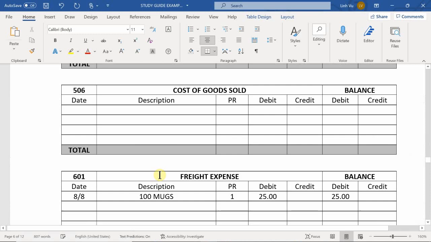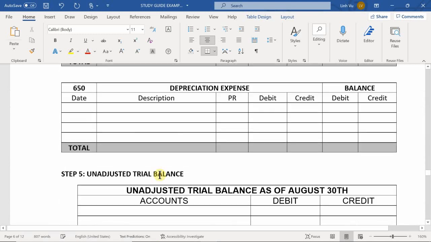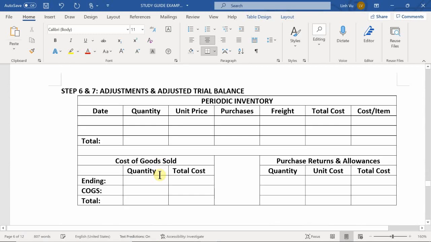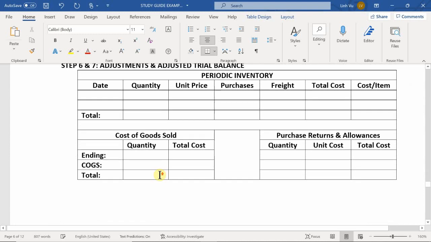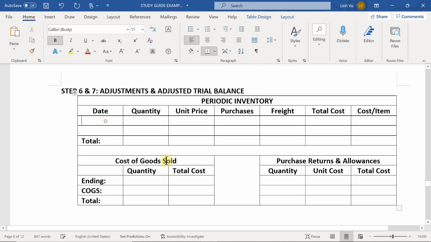I provided the periodic inventory table, here it is. Today is the 8th of August. We have 100 at $1 each, which is 100.